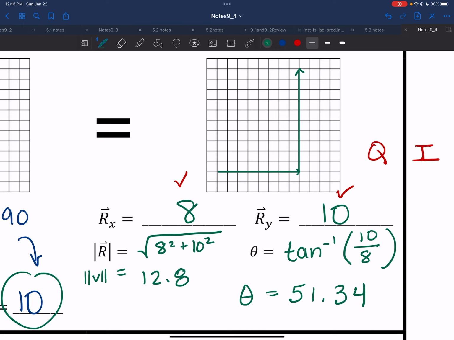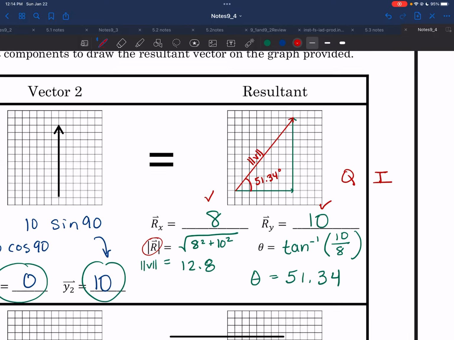Okay, and then my resultant vector should be something along this line. So there's my vector. And again, you can use R in this case. That would be what we would call Z from our last chapter. So this angle here is 51.34 degrees.